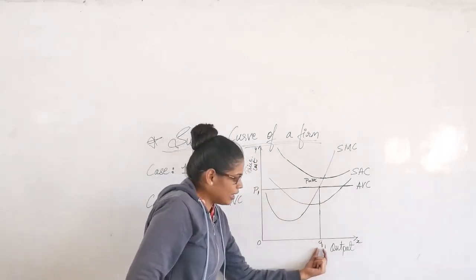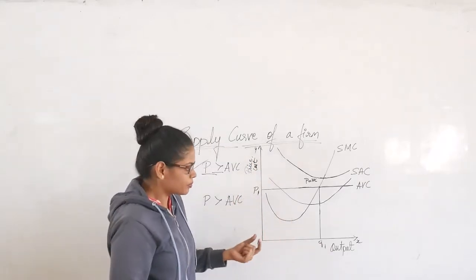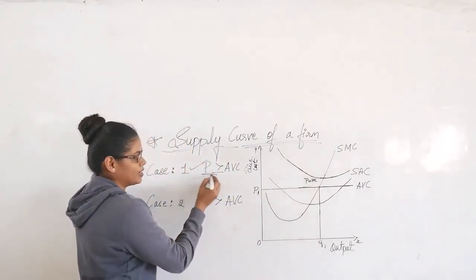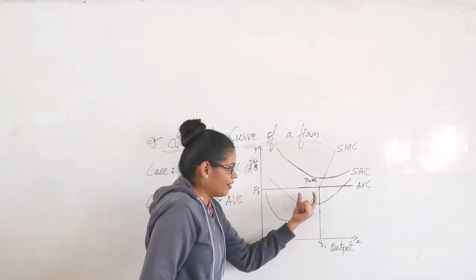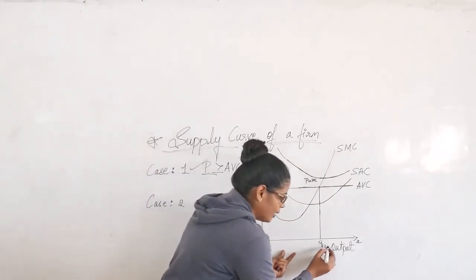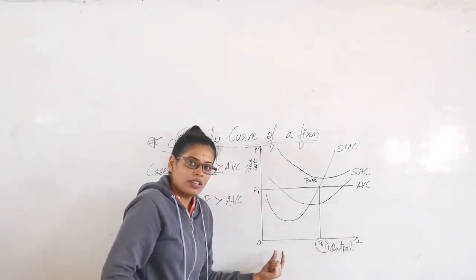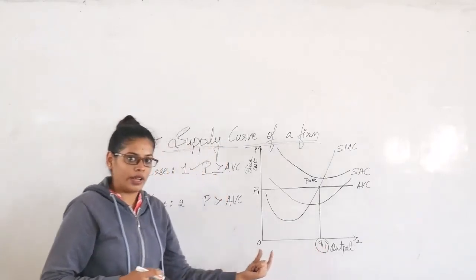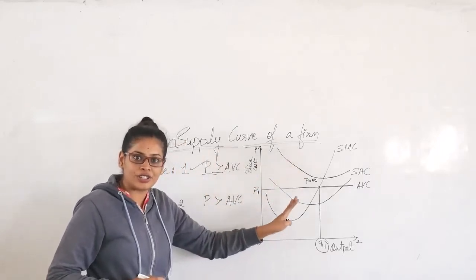This is the level of output the firm wants to make. The third condition is that the price should be greater than or equal to the average variable cost. When we have this condition, the firm's level of output will be equal to Q1. So in the first case all three conditions are satisfied.